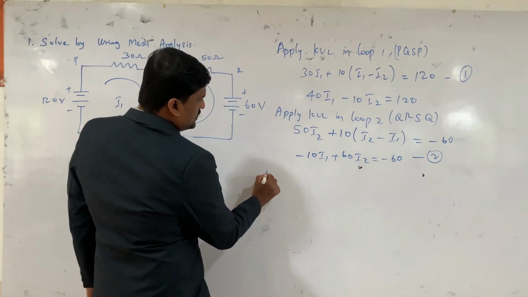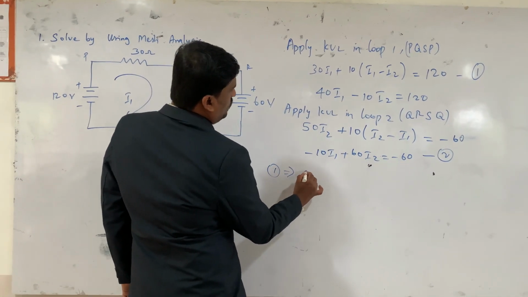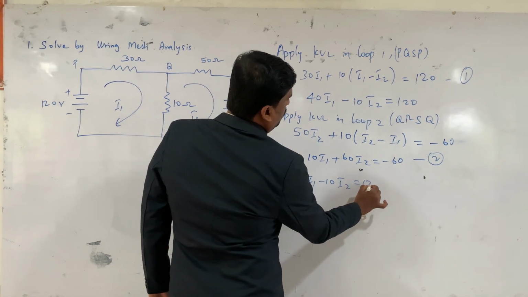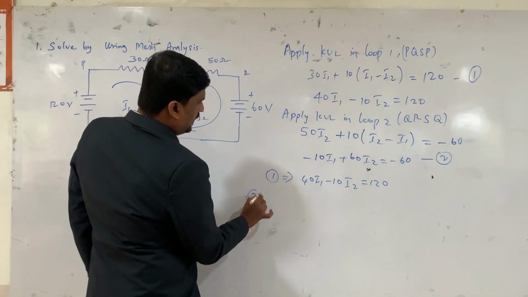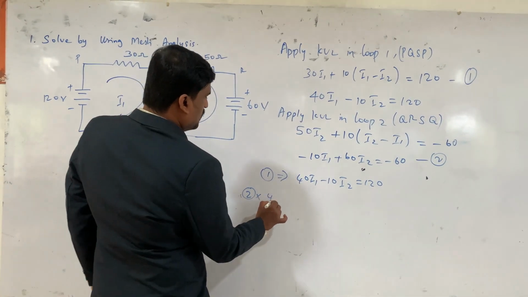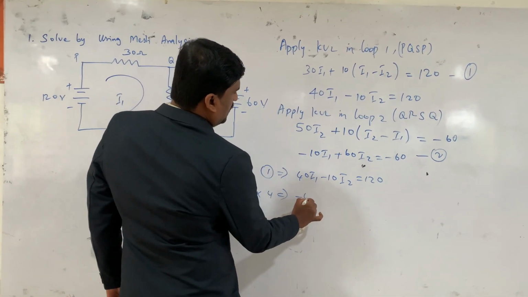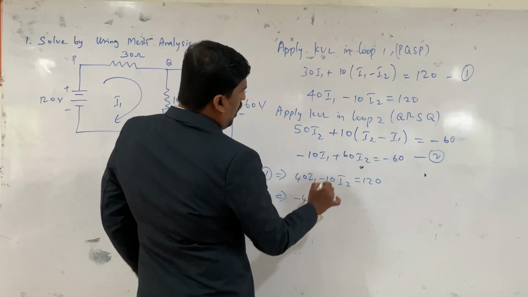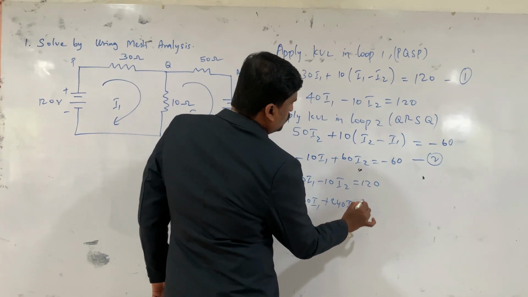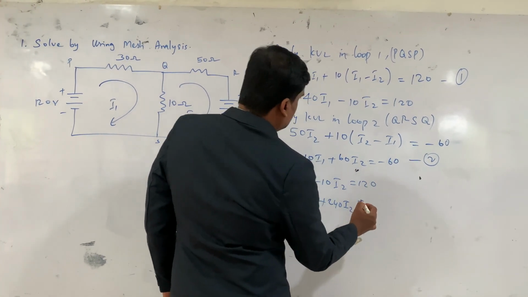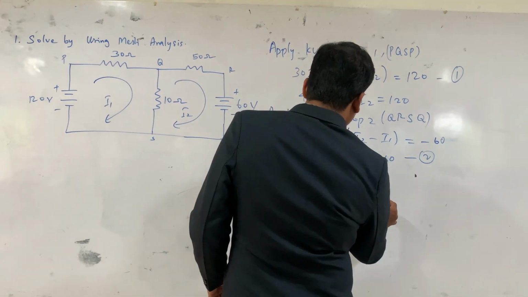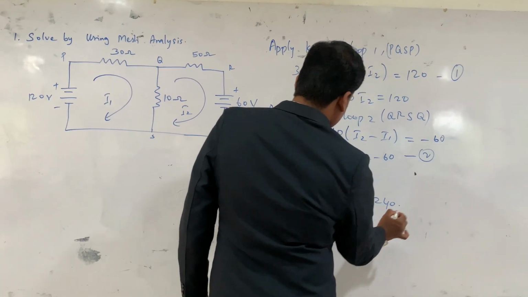We will keep the first equation as it is, 40 I1 minus 10 I2 is equal to 120. In the second equation we multiply it by 4. So it gives minus 40 I1 plus 240 I2 is equal to minus 240 volt.